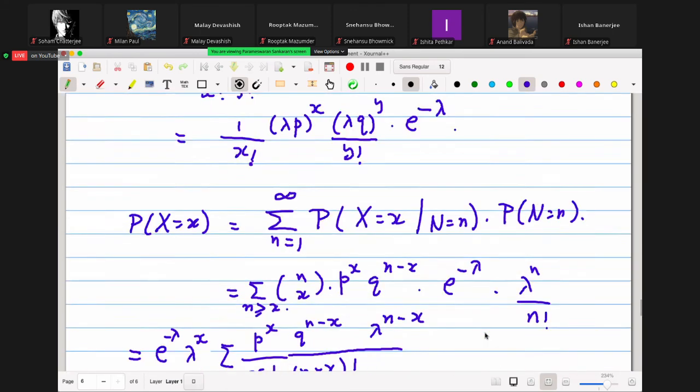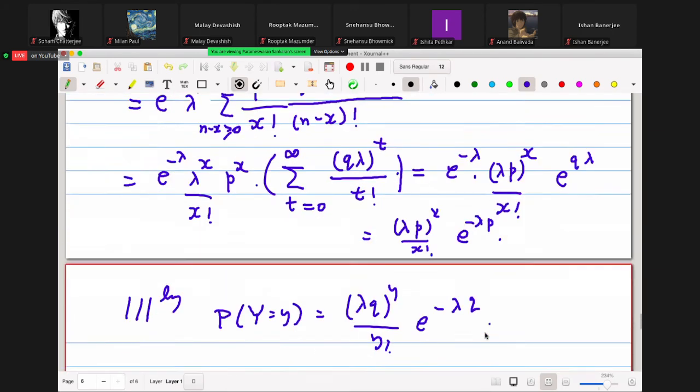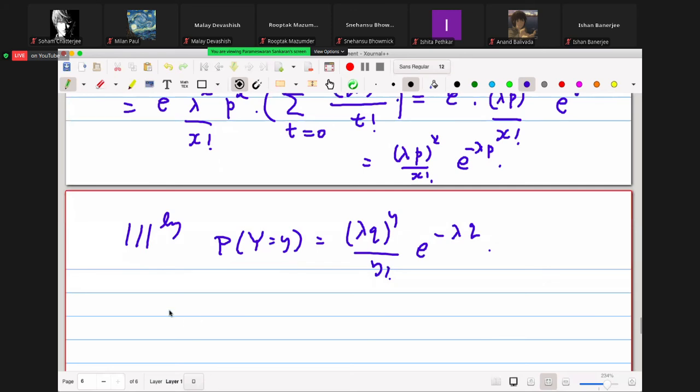Okay. And therefore, substituting, we see that probability of X equals x, Y equals y is indeed probability of X equals x times probability of Y equals y.